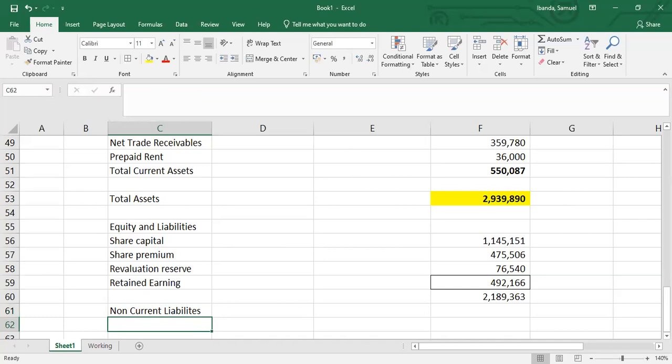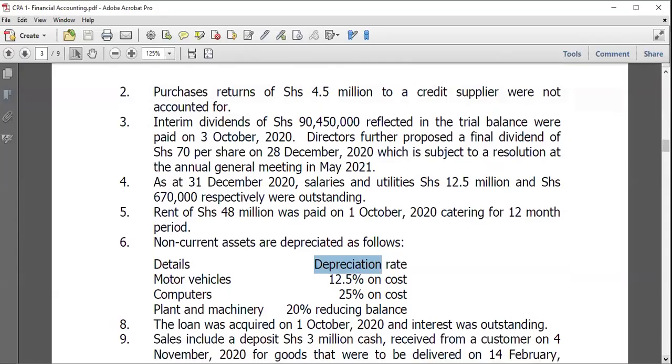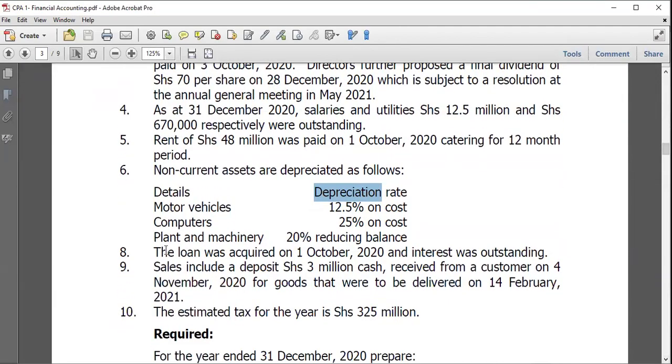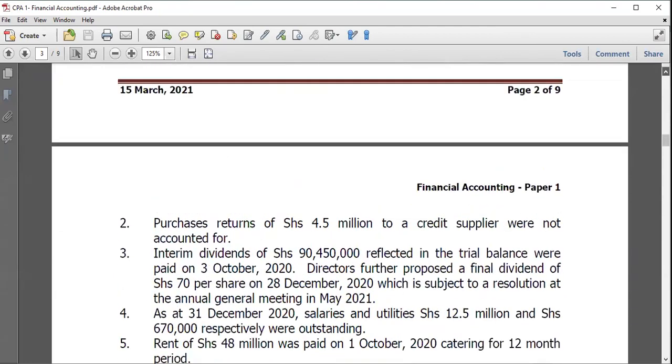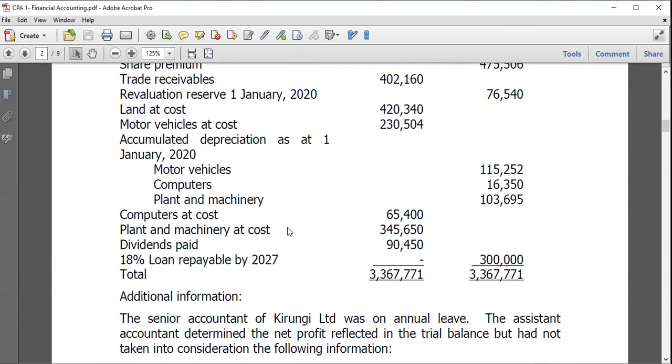I'll come here and say the loan was acquired on 1st October 2020, and interest was outstanding. Definitely the loan itself is a liability, which I'm going to record under my non-current liability. But when I also come to my current liabilities, I'll also be able to record the interest as well.